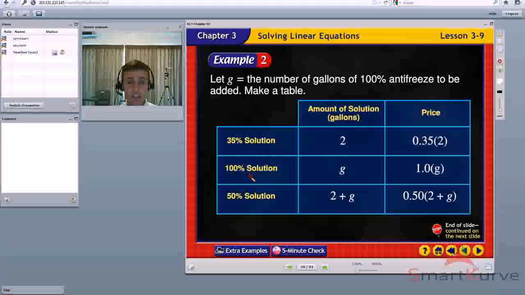The 100% solution, the amount of solution, gallons, G. The amount of antifreeze, 1.0 times G. The 50% solution, 2 plus G, is 0.50 times 2 plus G. All we do is multiply across. 50% is 0.5, 35% is 0.35, 100% is 1.0.